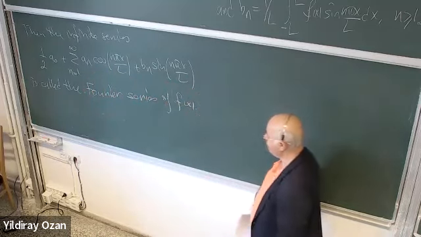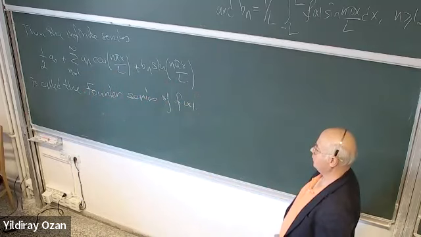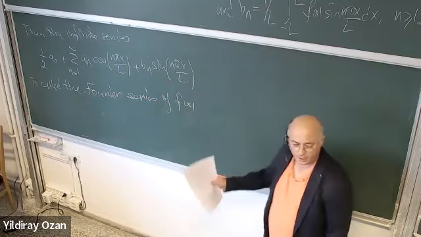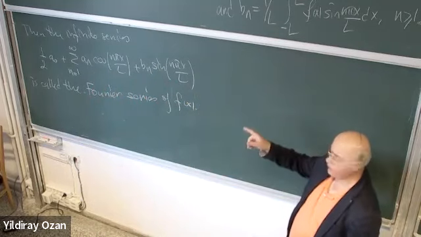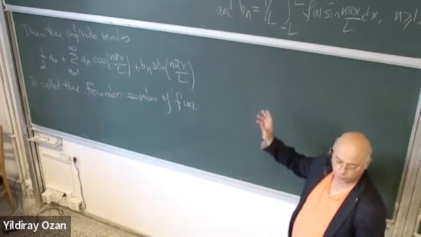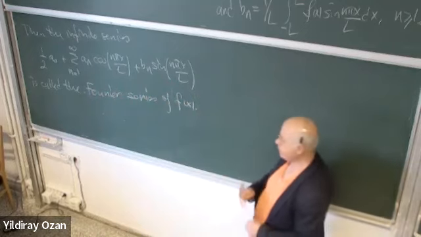Okay. Bu tabii neye denk geliyor? Yani aslında lineer cebirde bir elemanı ortonormal basis elemanları cinsinden yazmak, değil mi?